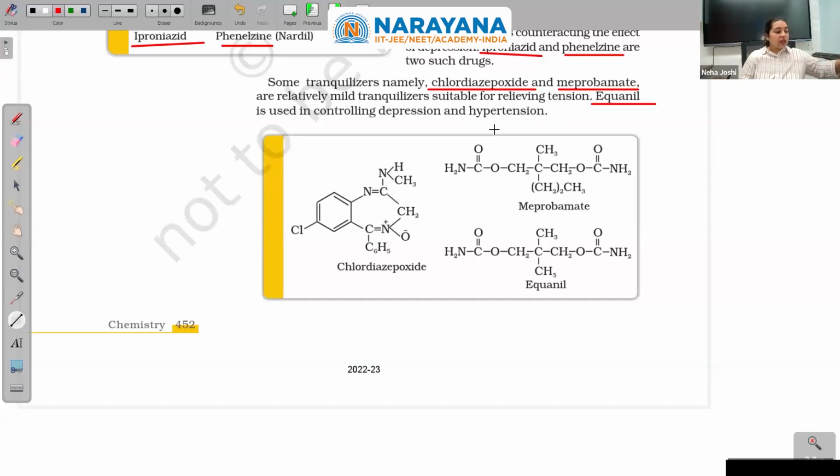If someone has a highly tense lifestyle, they use Equanil. Equanil is used for controlling depression and hypertension, that is, if someone is under too much tension. Moving to next.